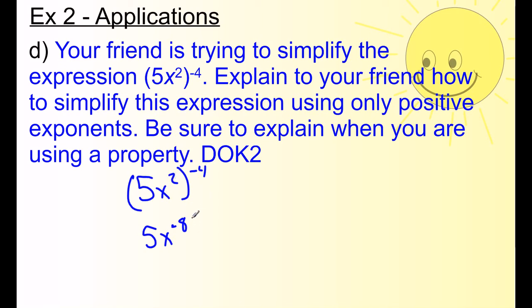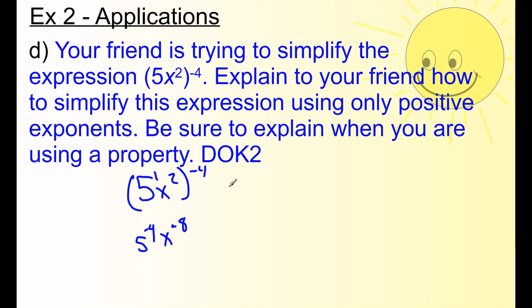Now, something we haven't talked about a lot: this x squared to the negative 4th, we got that. I think that part's pretty clear. What you may not know, if you did this on your own, is that this 5 actually should be to the negative 4th power as well. You go, why? Well, over here, the x is squared, so 2 times negative 4 is negative 8. But the 5 is to the power of 1, and 1 times negative 4 is negative 4.